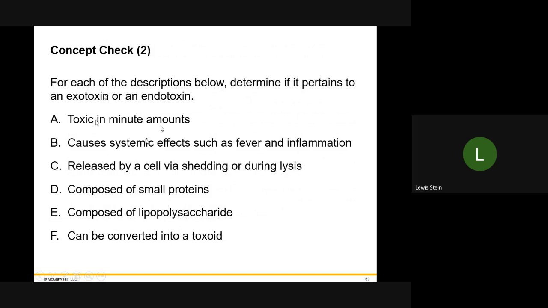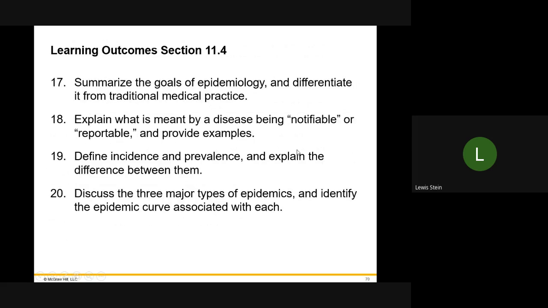Exotoxins are basically proteins, typically small chains of amino acids, and they're relatively easy to create toxoids of. They're typically very toxic, where endotoxins are lipopolysaccharide based and generally occur when the cell bursts apart. E. coli, the aforementioned Salmonella, and they're much more systemic. They both can be systemic, but fever and inflammation probably apply to both, I would think.